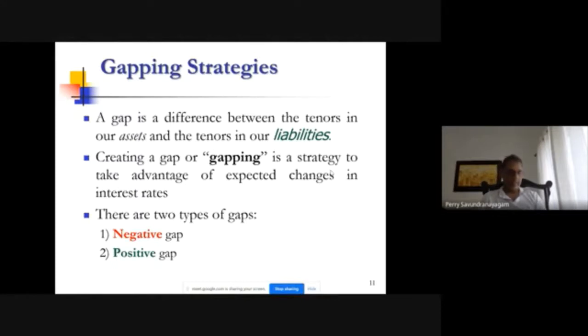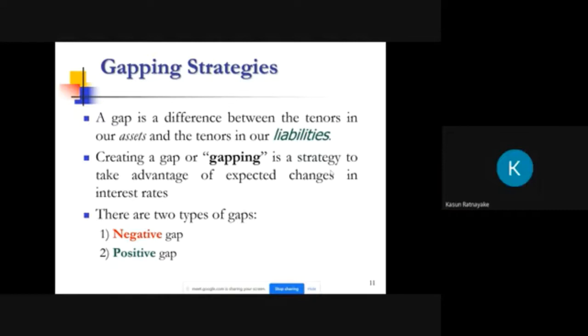One is the gap in terms of your assets and liabilities tenors. And then you also have a risk that, based on those tenors and your view on interest rates, how do you manage the interest rate risk coming from those gaps? One is a risk in terms of funding, the other is a risk in terms of interest rates. Is that understood?